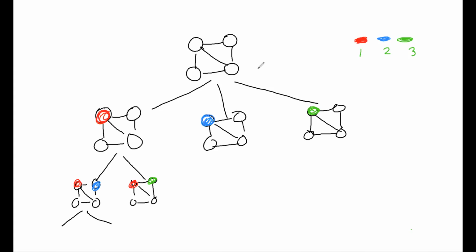Now the third one can only be colored by green because blue is also adjacent and this red is also adjacent to this node. So this is your red, this is blue. You can just have green here.